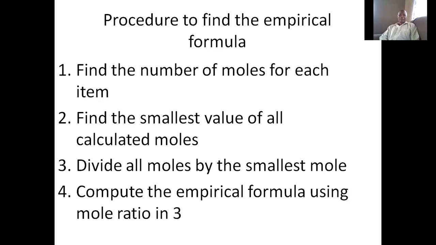Then number 3, we divide all the moles that we find by the smallest number of moles. And the last step, we compute the empirical formula using the ratio given in step 3. I know this will be fully understood when we do the actual example.